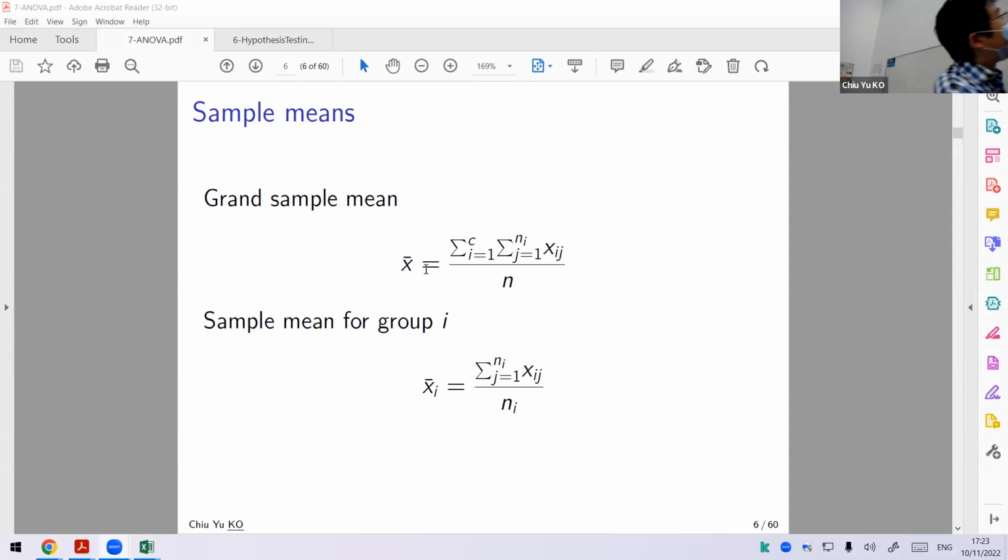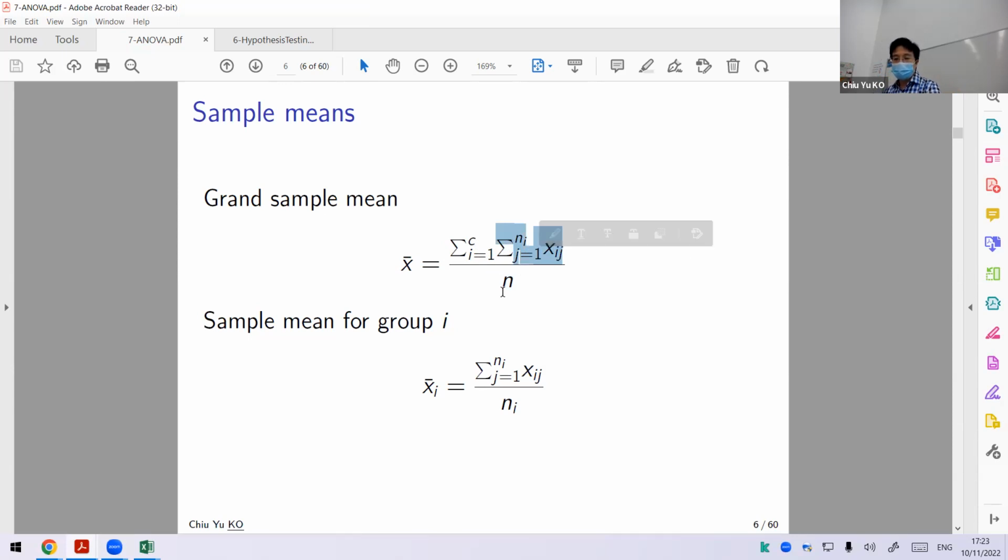And I want to introduce the mean, then we have a break. So that's very quick. The first one is very simple. The first one is called the grand sample mean, which means that you add up, over n, for each group from group 1 to group C, where C is how many groups we have. And for each group i, we add up all the observations.